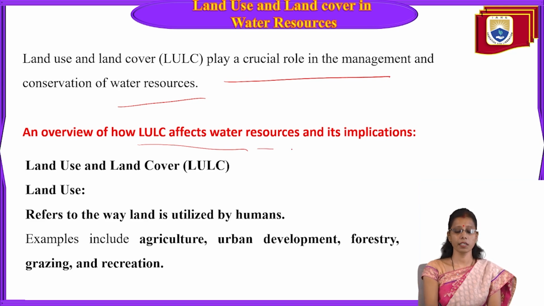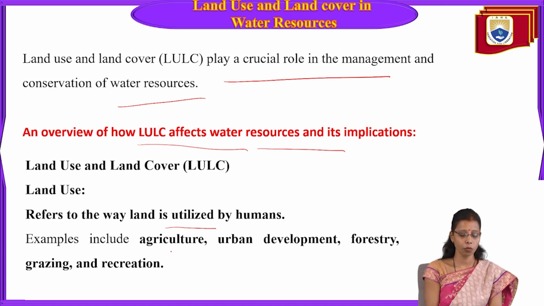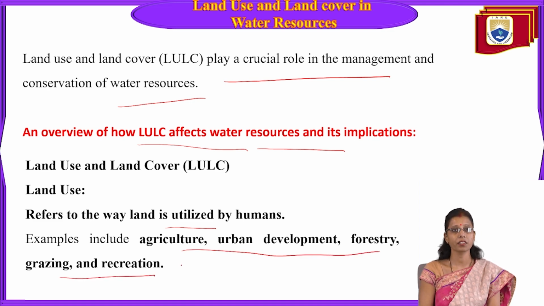So how the LULC affects the water resource and its implications. Land use refers to the way land is utilized by humans. For example, it includes agriculture, urban development, forestry, grazing, and recreation.